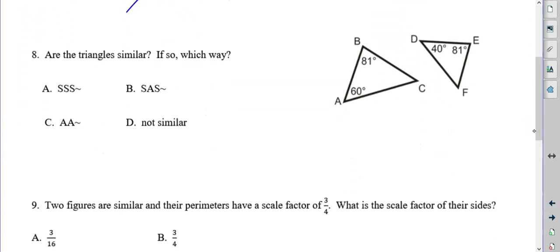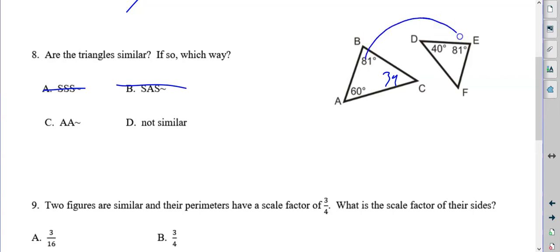Number 8. Again, we have no sides. There's no measurements. Okay? Now, we need to do some math. So 60 plus 81. Subtract that from 180. And we find out the missing angle here is 39.